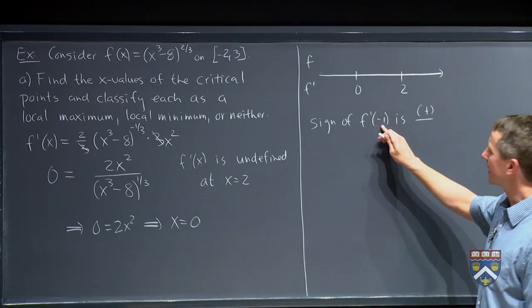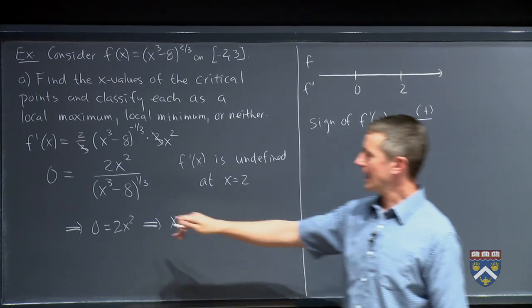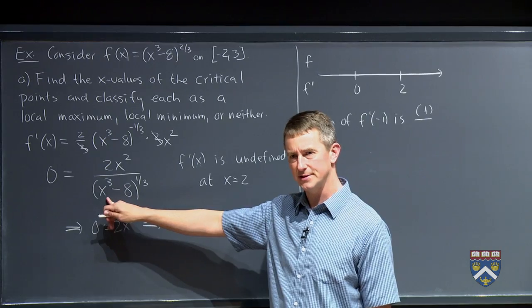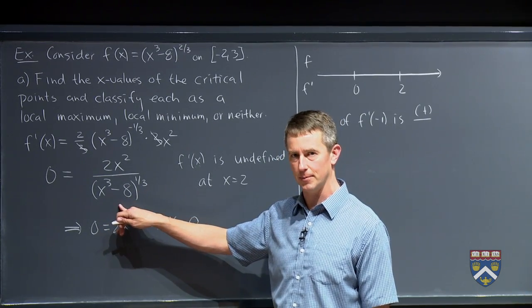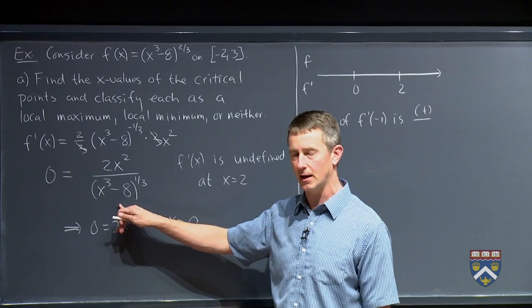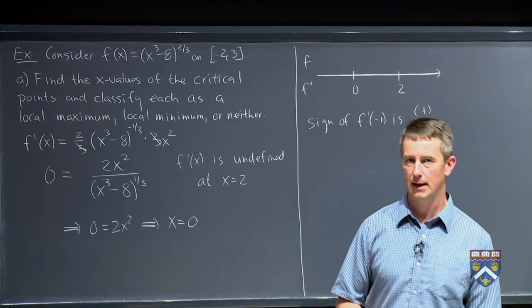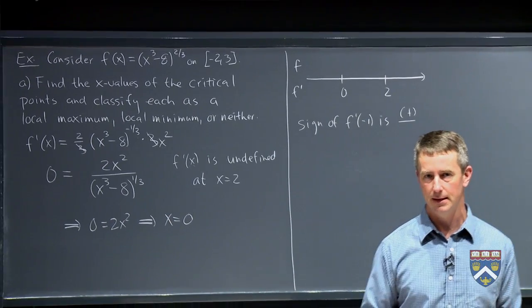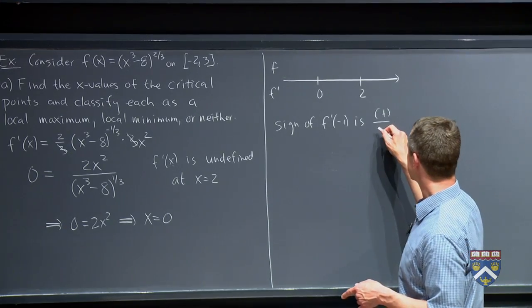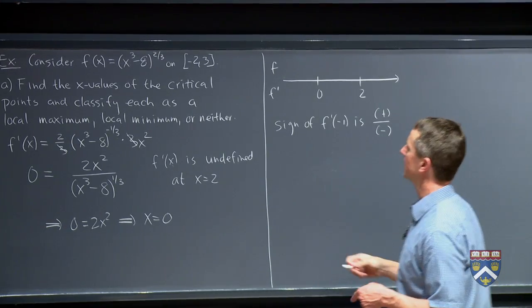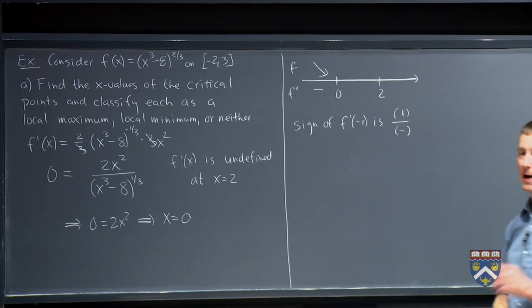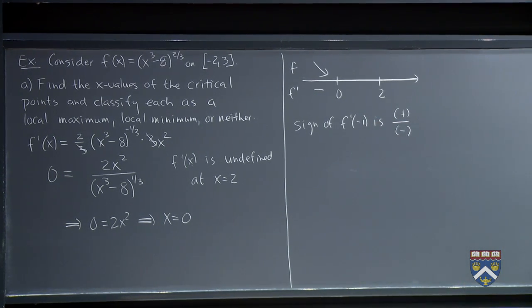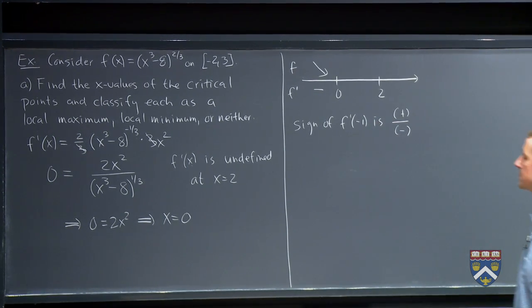On the bottom, I get -1 cubed, which is -1, minus 8. This is taking the cube root of a negative number, and you get a negative number, like the cube root of -27 is -3. So I've got a positive over a negative, which is negative. So f is decreasing there. So 0 might be a local min, definitely not a local max.